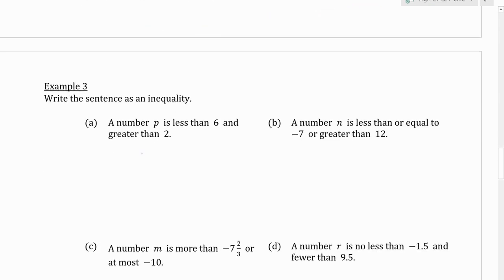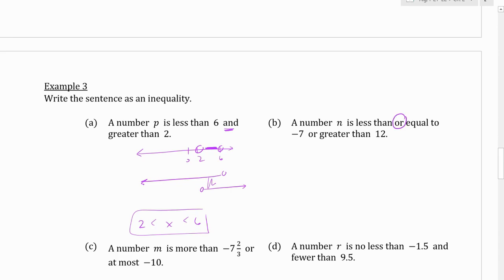Okay? All right. Write these as an inequality. A number p is less. Okay, so we're talking 2s and 6s. You're less than 6 and at the same time greater than 2. There's the overlap. So it's just all the numbers in between 2 and 6, not including either end.